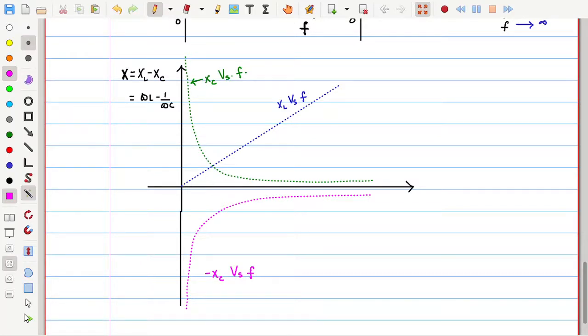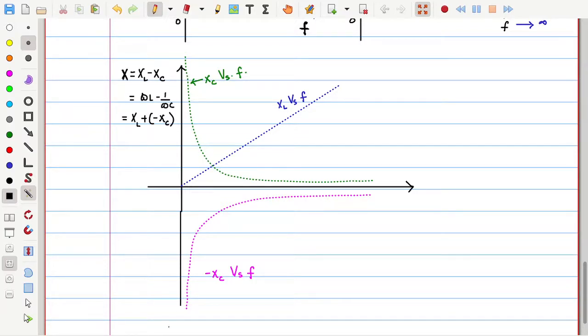Now total X is XL plus of minus Xc. That means the negative value of the capacitive reactance is added to the inductive reactance. So XL is this one, minus Xc is this one. Now add up these two.